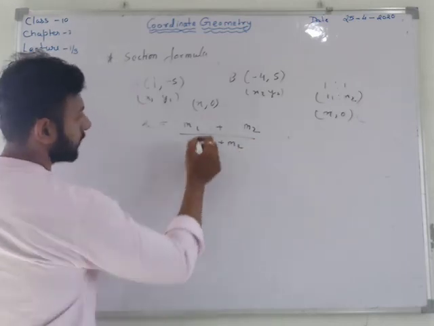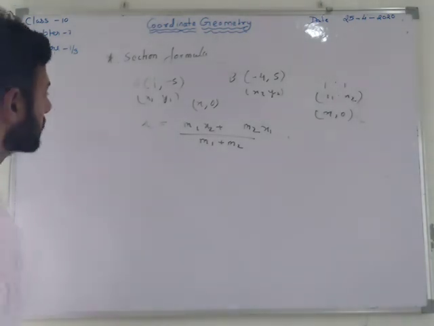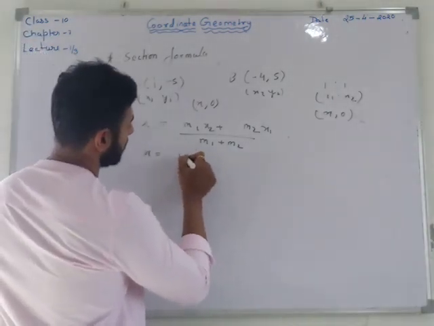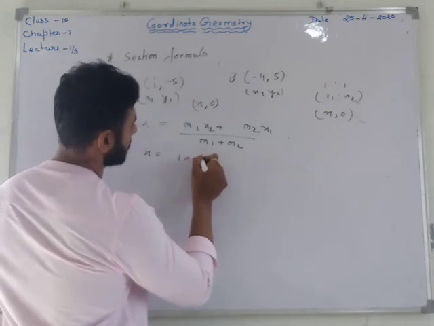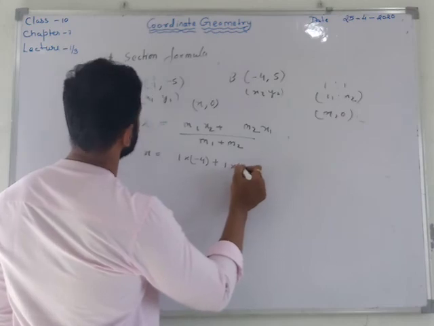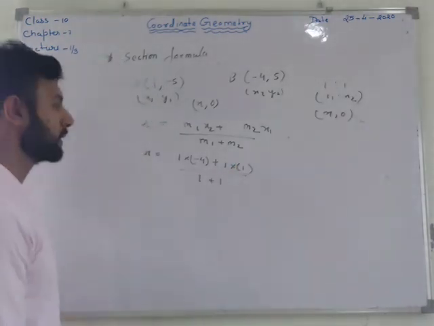Substituting the values, x is equal to m1 which is 1 into x2 which is minus 4, plus m2 which is 1 times x1 which is 1, upon m1 plus m2 which is 1 plus 1.